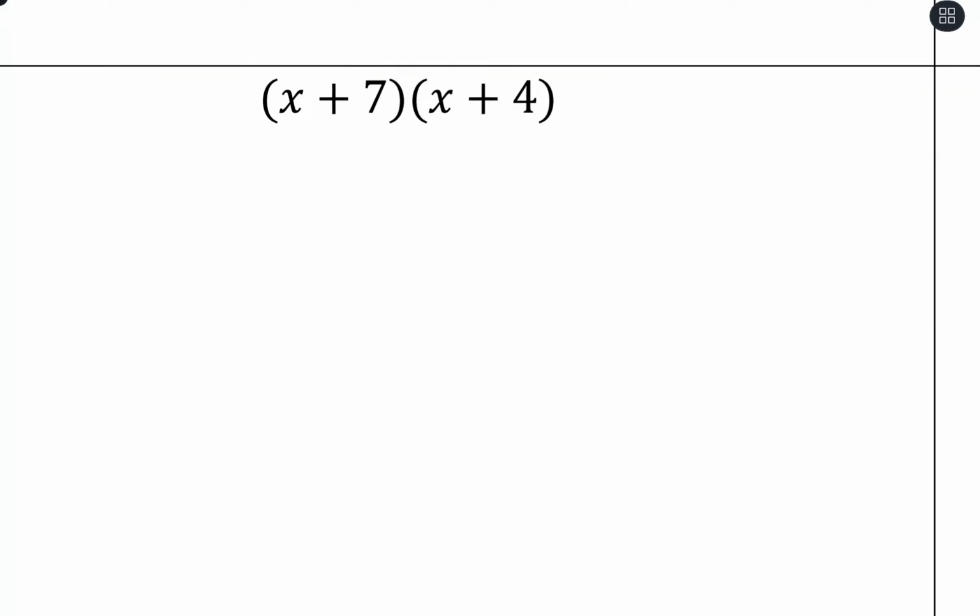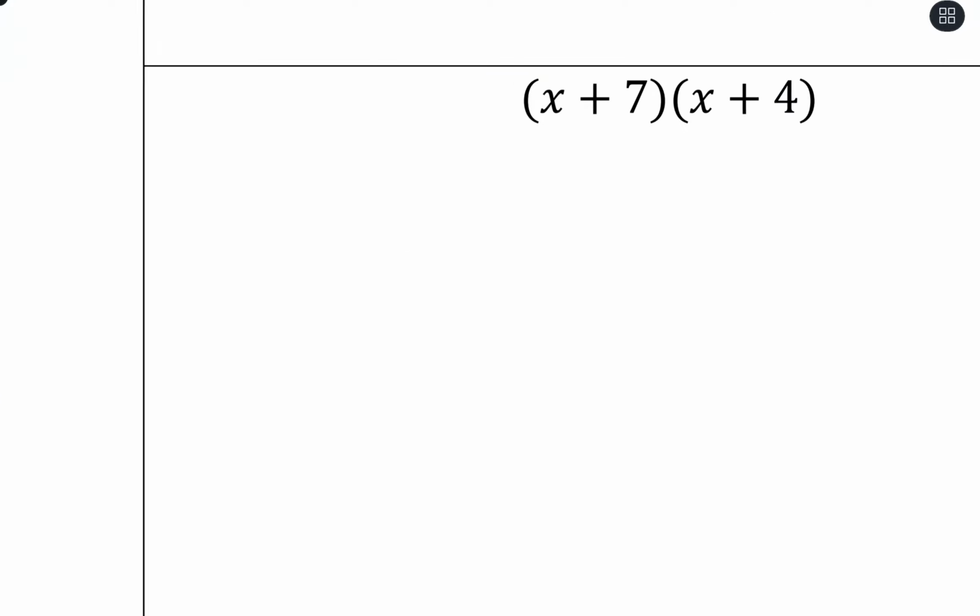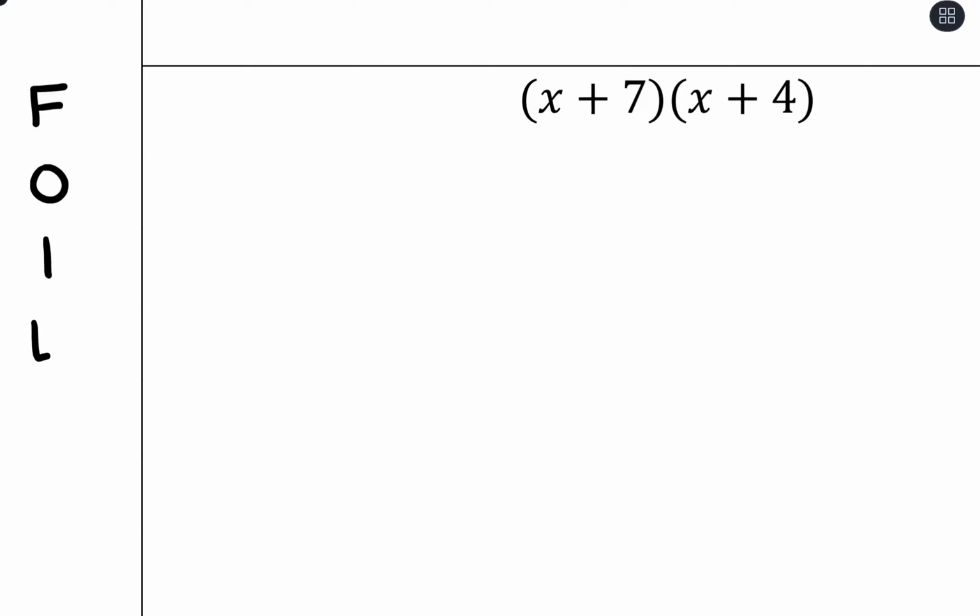Okay. This next case is a binomial times a binomial. And what we say for this is we are going to FOIL. FOIL stands for first, outer, inner, last.